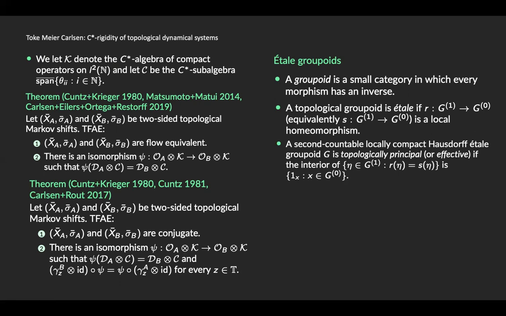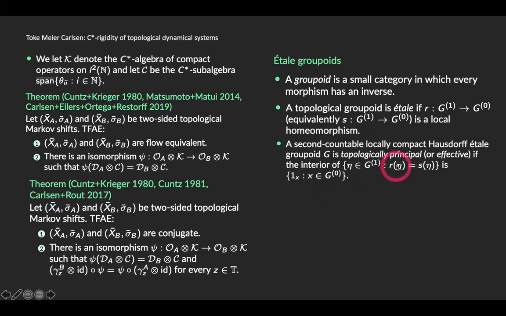A locally compact Hausdorff étale groupoid is called topologically principal if it is effective, and that means that the interior of this set here is the set of identity morphisms.